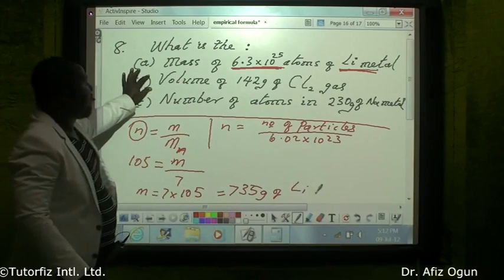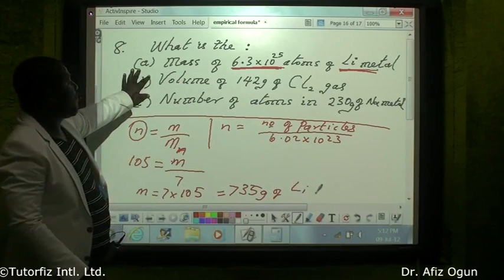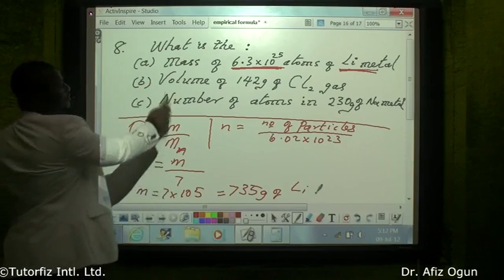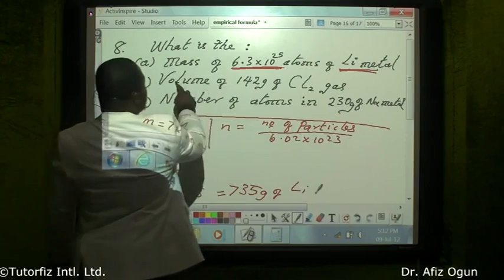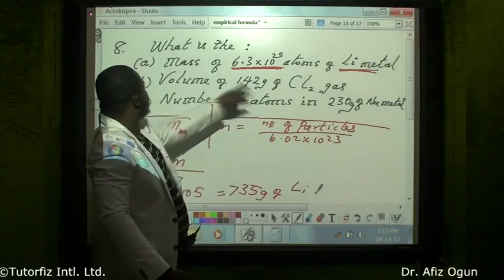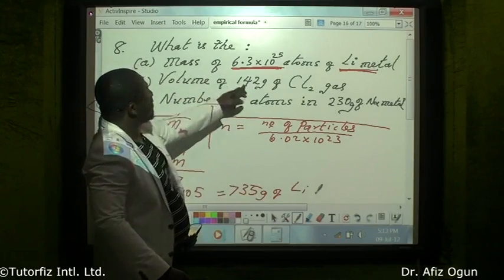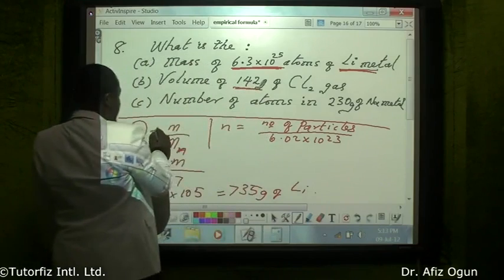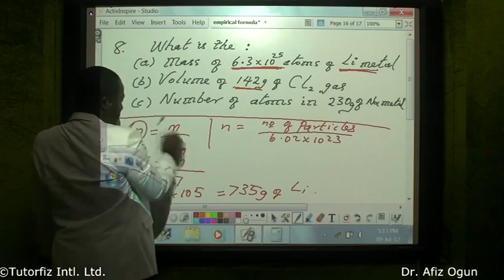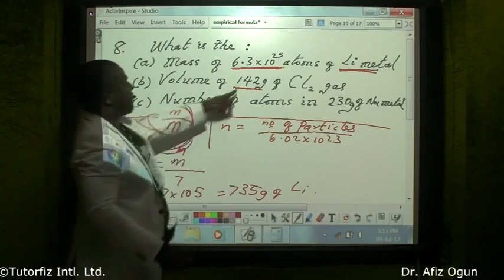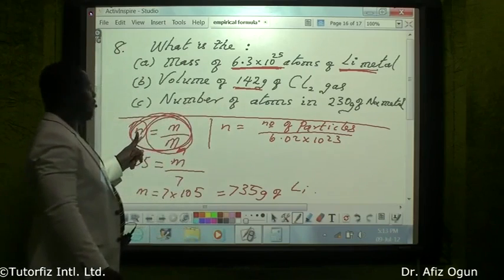This is volume of gas. What you do here first, you use this formula to get the mole.